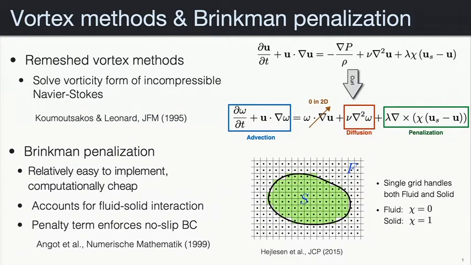The only other way to do this is to have a body-fitted grid, where you don't have to add any forcing term. You just solve for fluid, the velocity on the grid points. And the grid points would lie exactly on the body, and then the surrounding grid points would also conform to the shape.